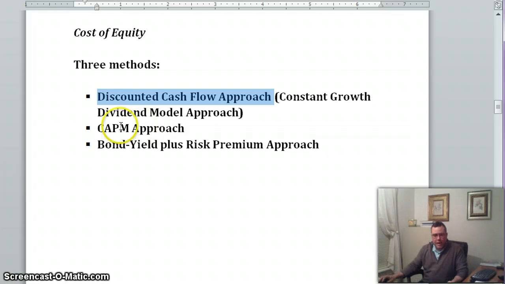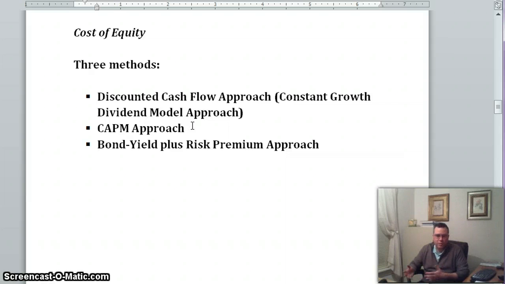We could also use the capital asset pricing model approach. This tends to be a little sporadic. You can get some really strange results because there's lots of assumptions that go into the CAPM model that can drastically change the output. What's the expected return on the market? What's beta? When we measure beta, do we measure it over the last 5 years, over the last 3 months?